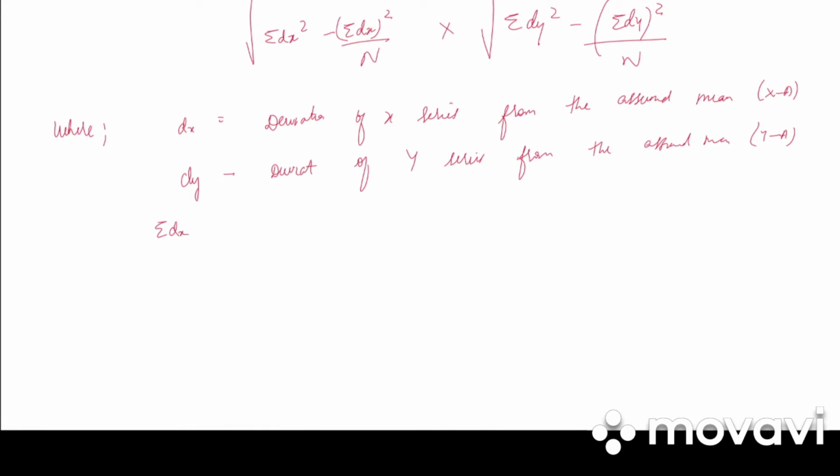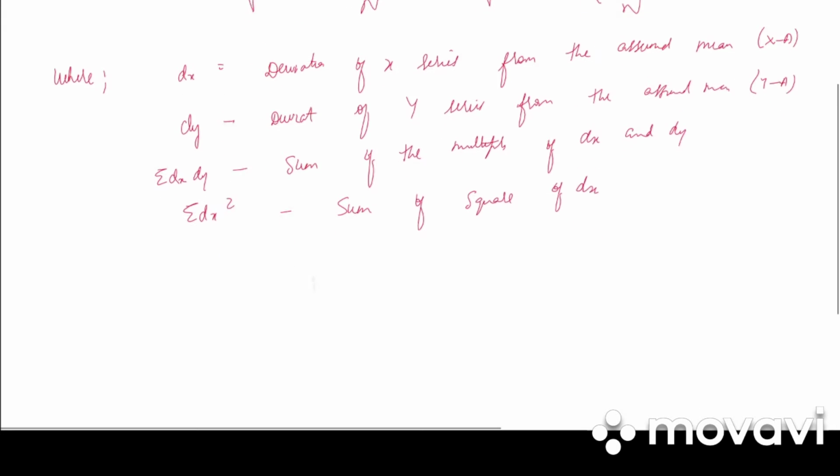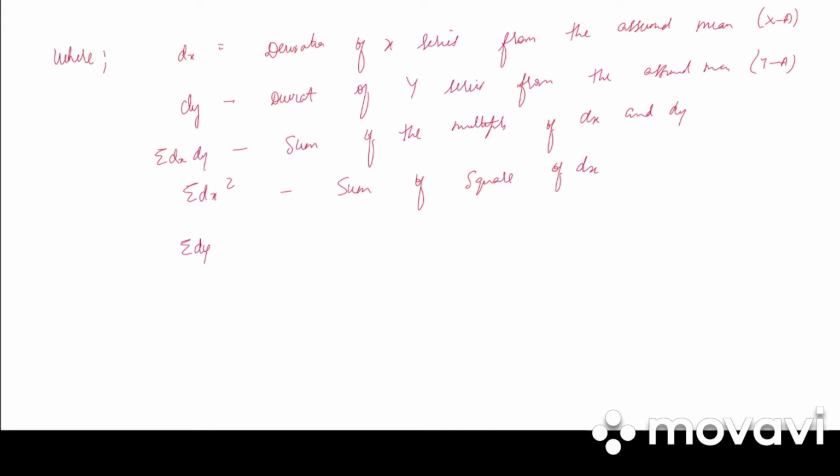Next we have summation dx dy, sum of the multiple of dx and dy. Summation dx square, sum of square of dx. Summation dy square, sum of square of dy.